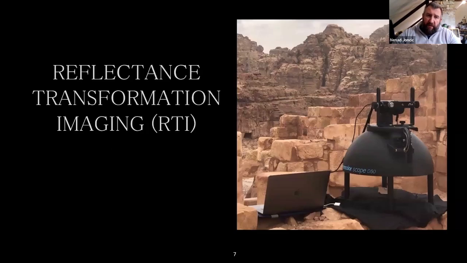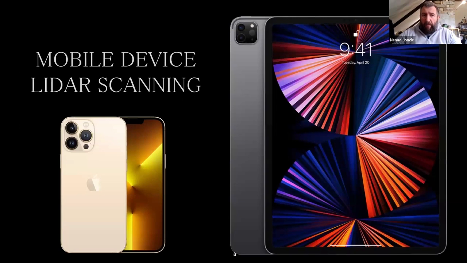RTI is similar to photogrammetry in that you're using photos, but you're changing the light source from different angles to get a model that, with this lighting, can give you a lot of details and helps to read inscriptions, but you probably know about that.